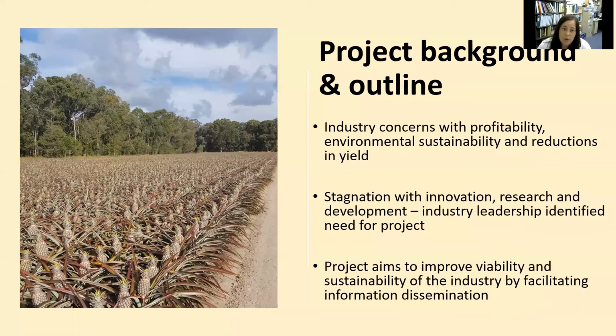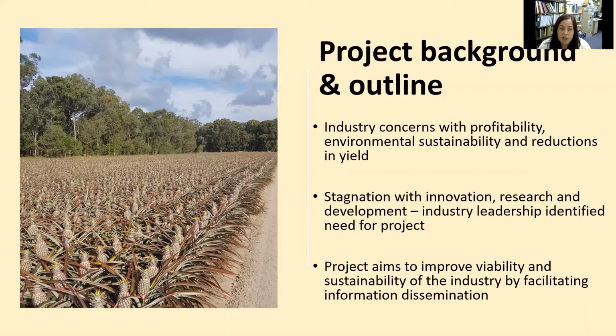So with the sale to a corporate, this R&D was no longer happening in the industry, and the industry leadership saw a real need to get a project up and running to help support growers and also facilitate best practice change within the industry to help combat some of those concerns around profitability, sustainability and yield.